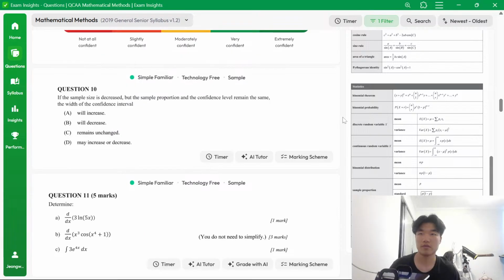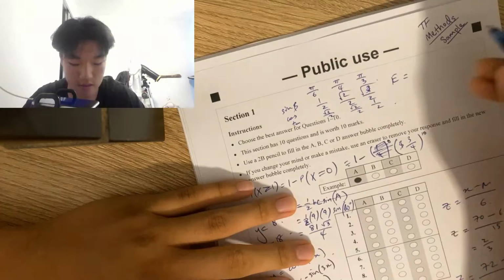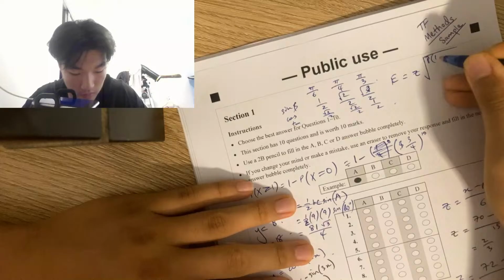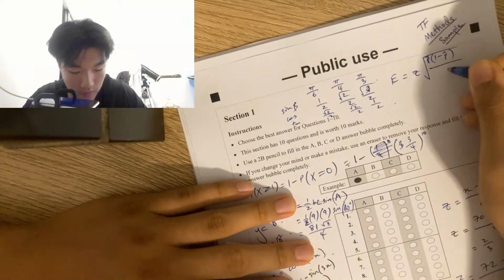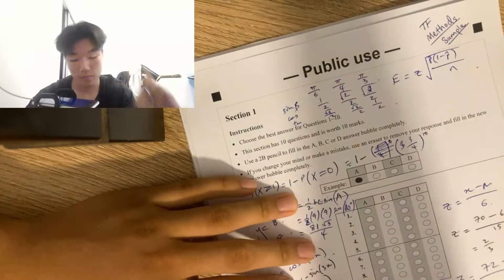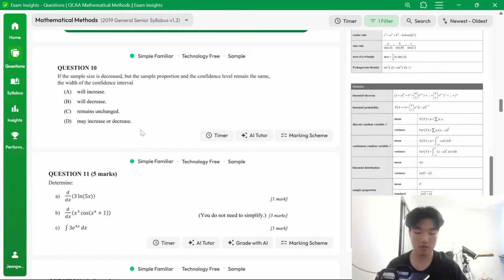If the sample size is decreased, but the sample proportion and the confidence levels remain the same, what happens to the width of the confidence interval? We need to recognize that the width is our margin of error, which is represented as E equals z times the square root of p hat times 1 minus p hat over n. So the population proportion is p hat. Okay. So the sample size is decreased, but everything else stays the same.